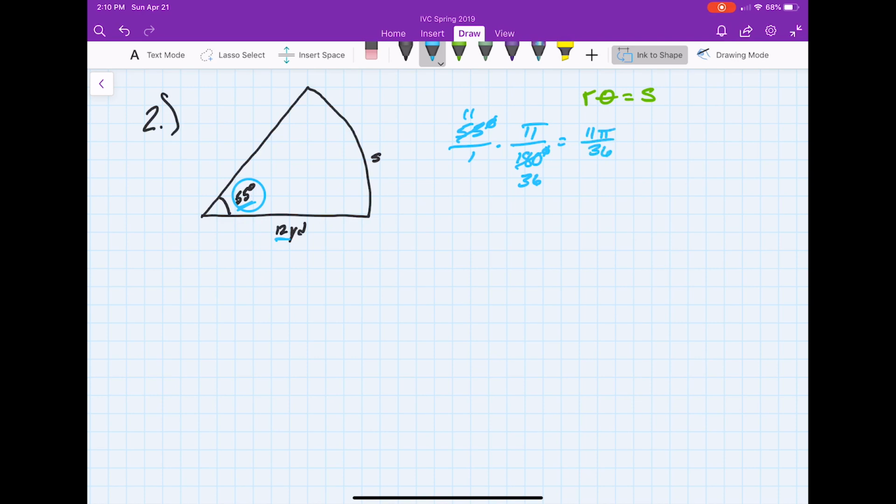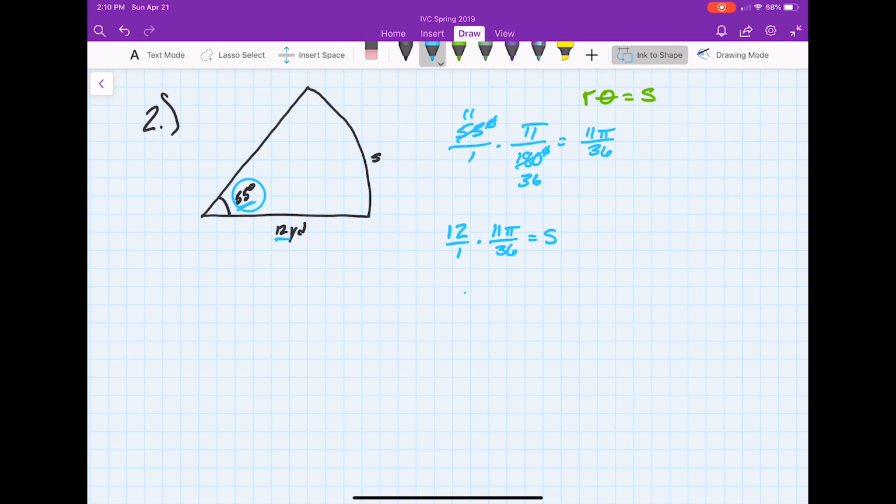Now we just plug and chug again. So it's 12 yards times our 11 pi over 36, and that'll equal our segment, our s. I don't know if s stands for segment, but I think it does, segment of the circle.